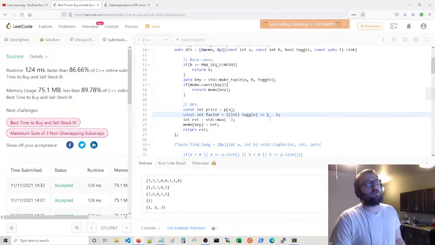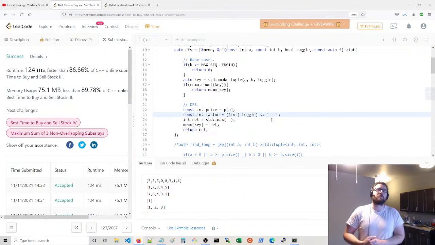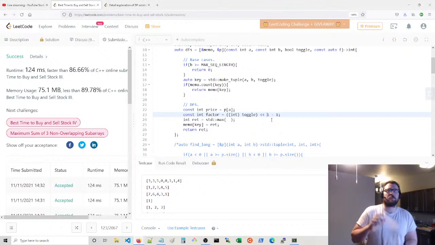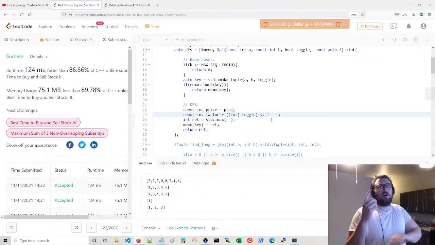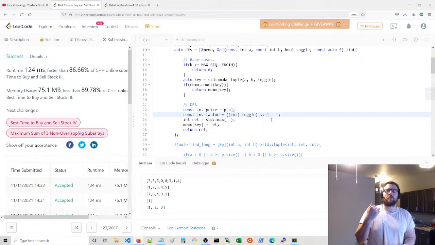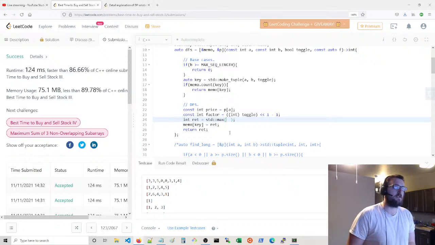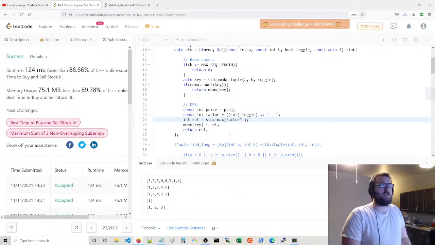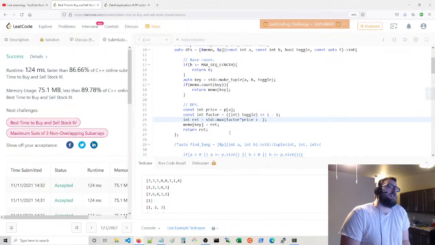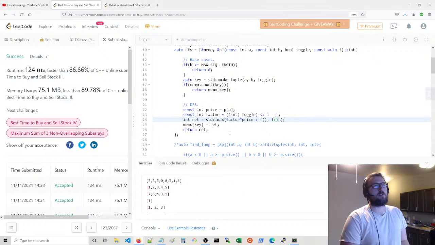If it's a 0, bit shift to the left is still 0, you get -1. If it's a 1, bit shift to the left makes it a 2, subtract 1, you get 1. So we switch between 1 and -1. So we have our factor. Depending on the factor, you're either going to include the price with the factor and add that to the recursion, or you're going to recurse without including it at all.